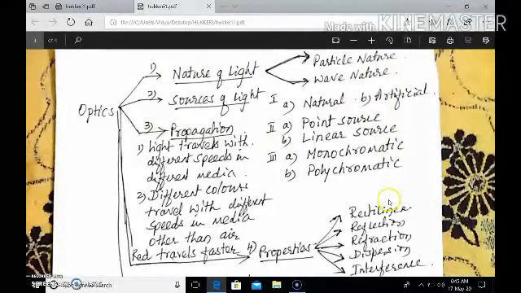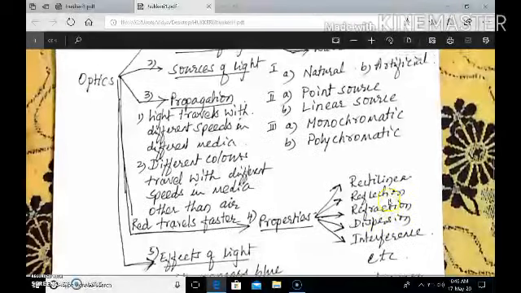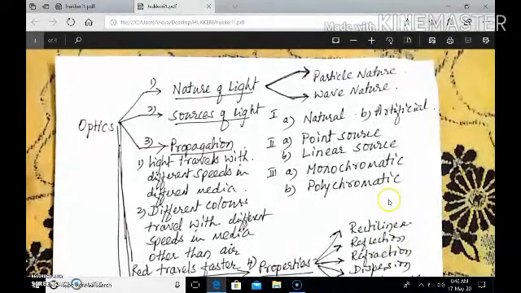Further, optics is a branch of physics which deals with the nature of light, sources of light, propagation of light, properties of light, and effects of light. In regard to the nature of light, light has both particle nature and wave nature.